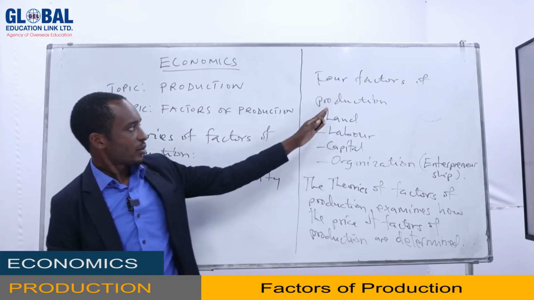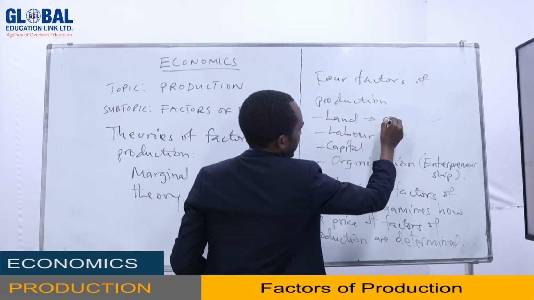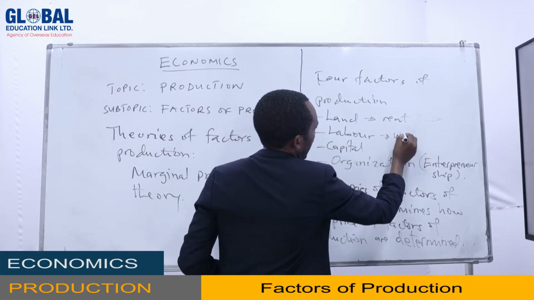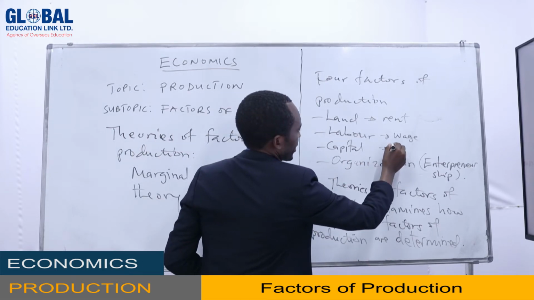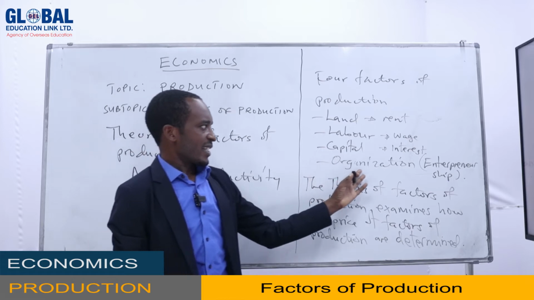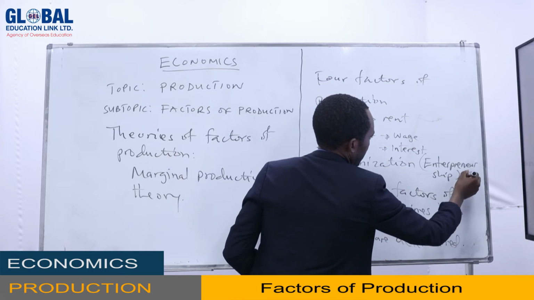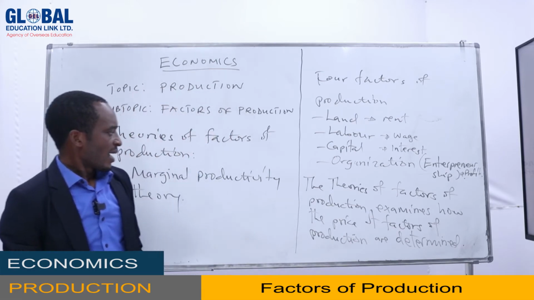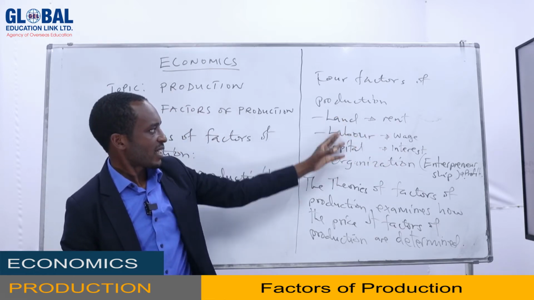We know that the prices of these factors are: for land, rent; for labor, wage; for capital, interest; and for organization or entrepreneur, profit. So these are the prices of these factors of production.